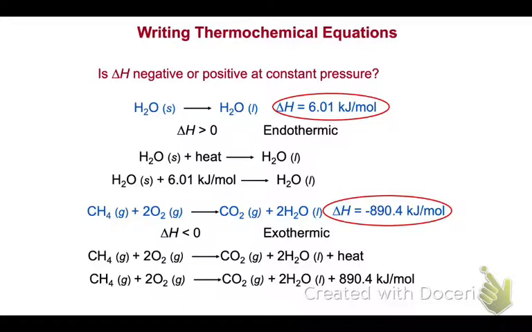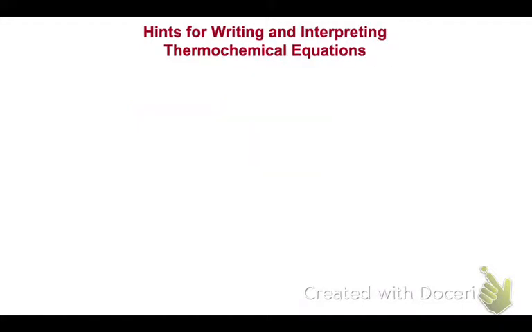And pay attention here, when I wrote it, I'm not writing negative, because in this case, the heat, the product that comes out, is 890.4 kilojoule. When I write delta H, it's the change, and the change on the heat is negative 890.4 to indicate that this is an exothermic process.